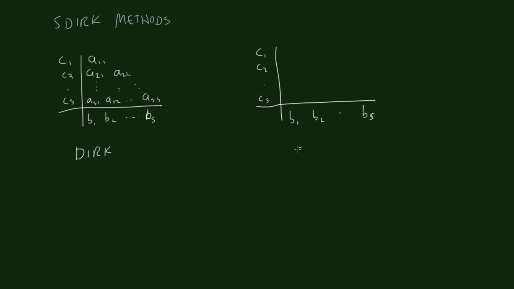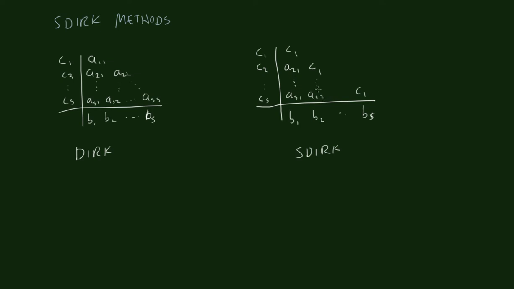For SDIRK methods, we introduce an additional constraint that all the numbers on the main diagonal will be the same. And of course, by the first row sum condition, we know that A11 has to be equal to C1. So all the values on the main diagonal of A are all C1.